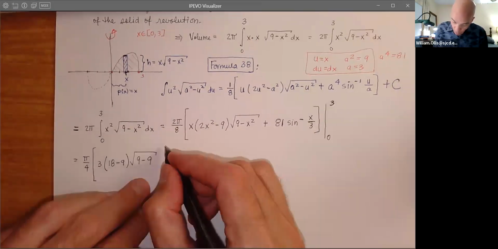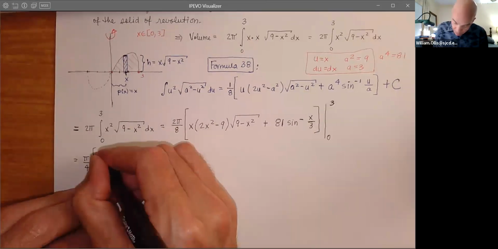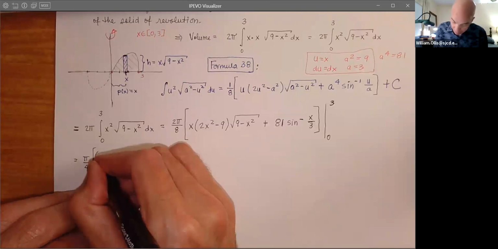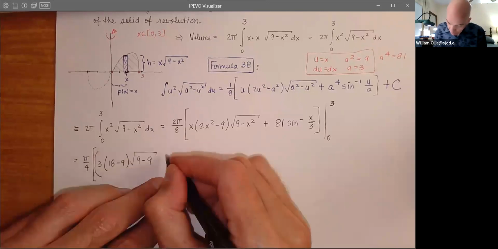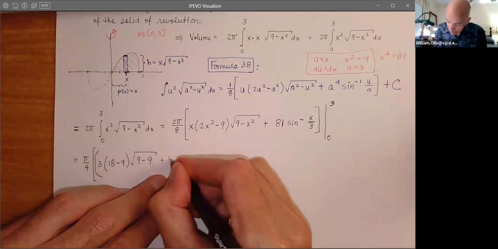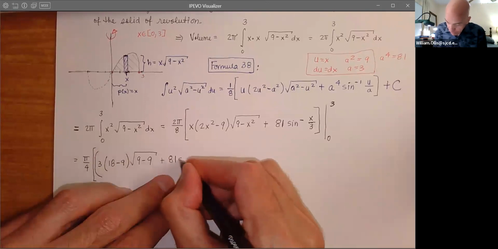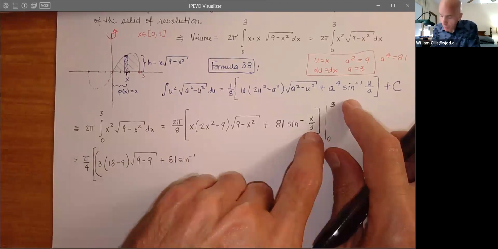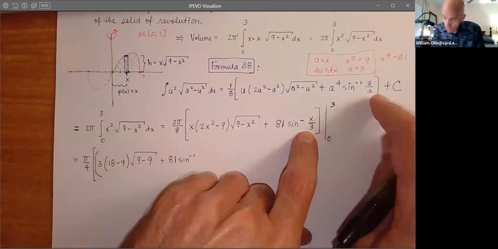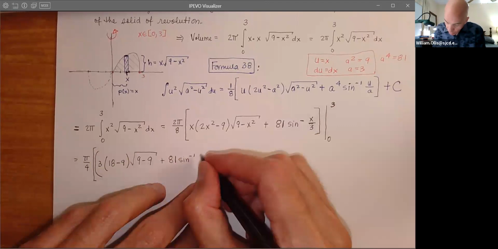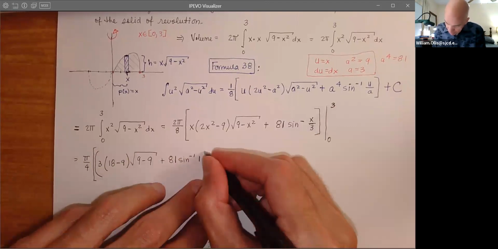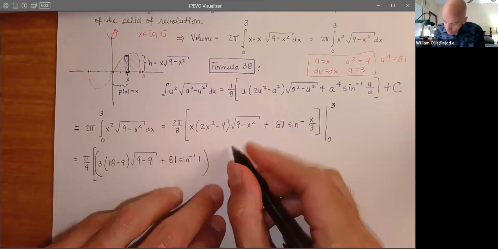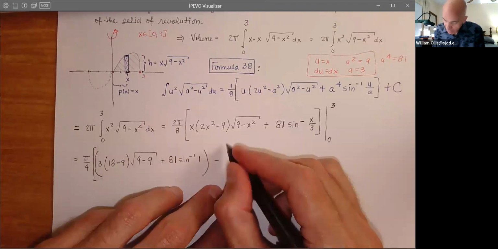So for the first part, let's just use parentheses here, plus 81 inverse sine. Now we have 3 over 3, so it's good, I see the a there. So that's inverse sine of 1, which we know. Minus, now we're going to substitute 0, but that's going to kill everything off.